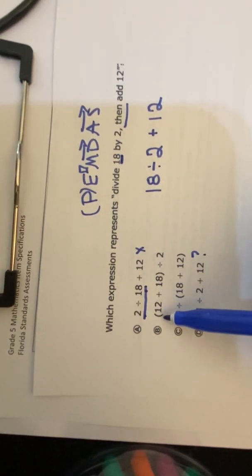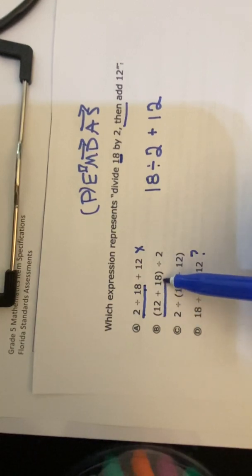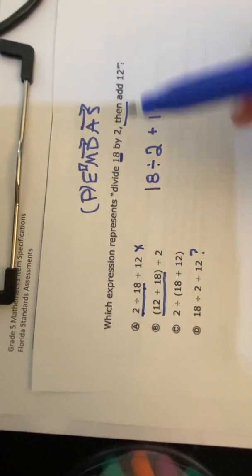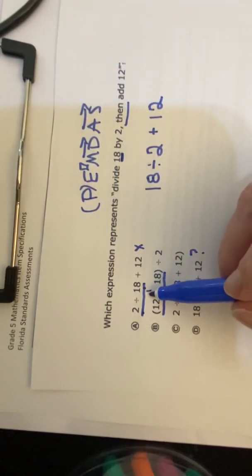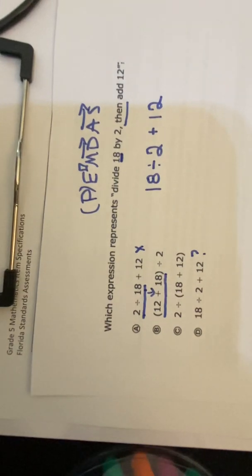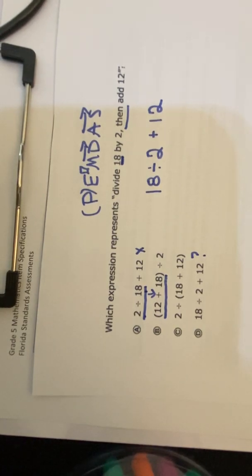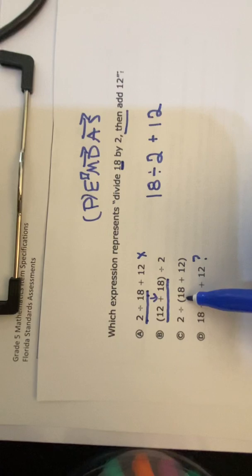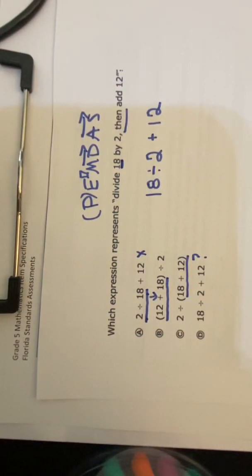When I look at B, I know based on PEMDAS that parentheses happens first. And nowhere did it tell me in my words that I was going to be adding 12 plus 8, or there was nothing that said there was going to be a sum of 12 and 18. The same problem happens in C. Again, there was a sum of 18 and 12.